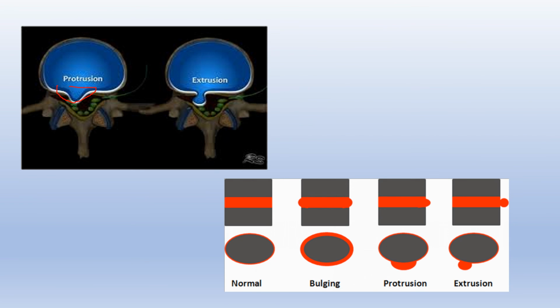Those two are disc herniation because those conditions affect less than 90 degrees of circumference, and this is the disc protrusion, and this is the disc extrusion. And here we have normal disc, bulging disc, protruding disc, and extrusion disc.